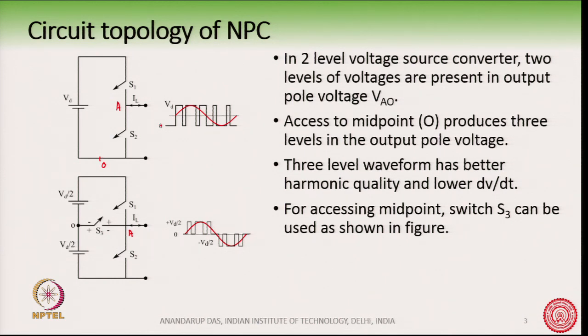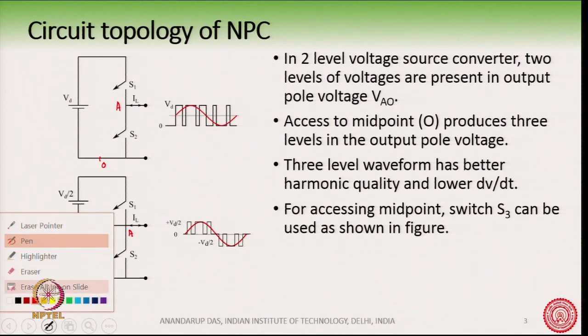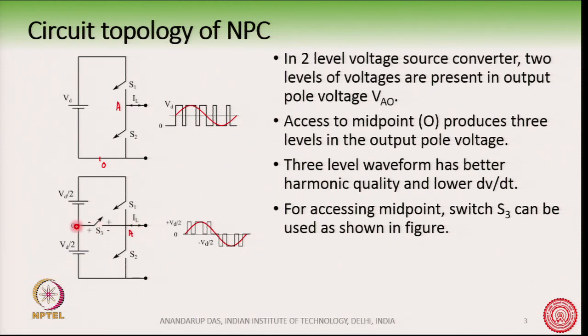Now, we want to produce 3 levels of voltage between A and O on the diagram here. So, what do we need therefore? We need 3 switches S1, S2 and S3, right.